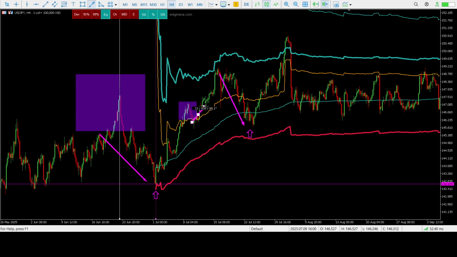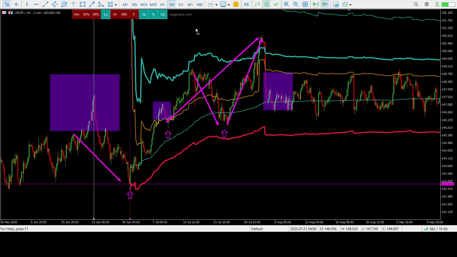First long is here, second long is here. After that we got a break again. Here is our break. The market reached the exhaustion and dropped below the equilibrium.